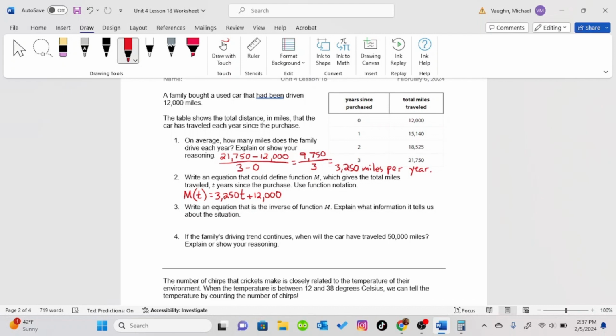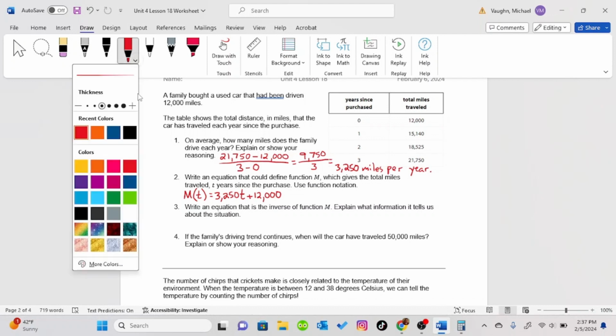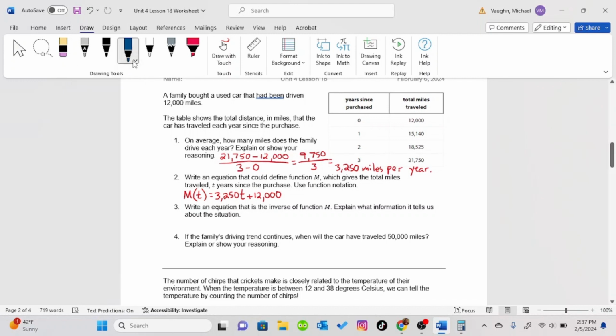Number 3, write an equation that is the inverse of function m. Explain what information it tells us about the situation. So the first thing we would do is subtract 12,000 from each side.